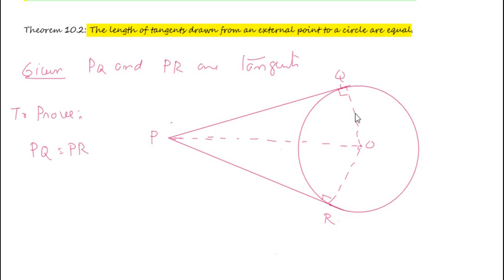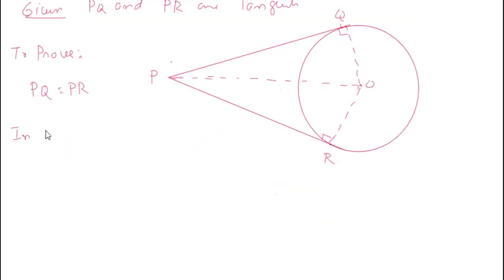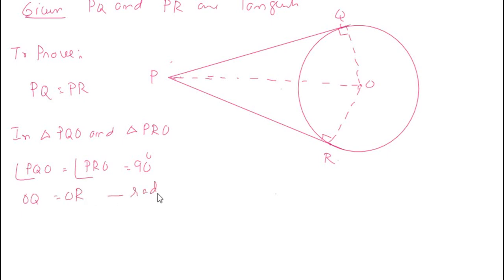Join OQ, OR and OP. In triangle PQO and triangle PRO, angle PQO equal to angle PRO equal to 90 degrees. OQ equal to OR, this is the radius. OP is common.